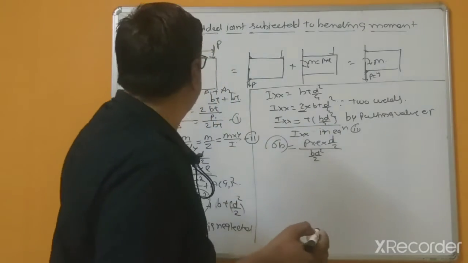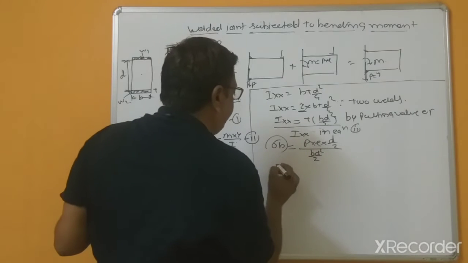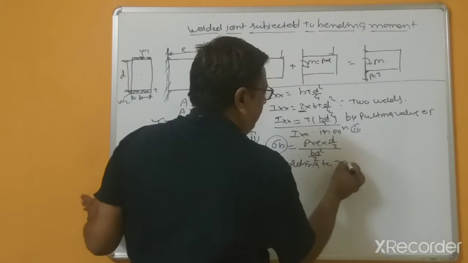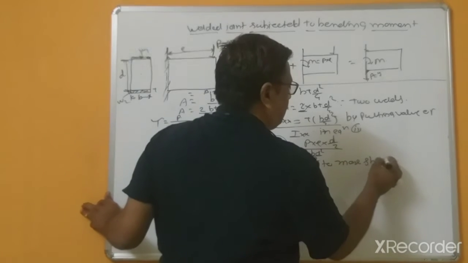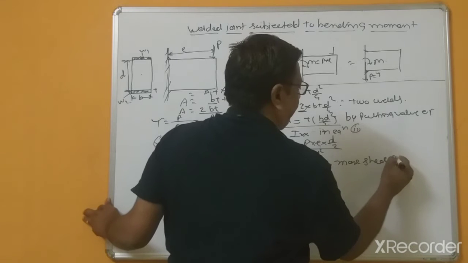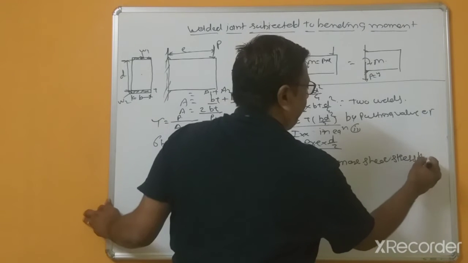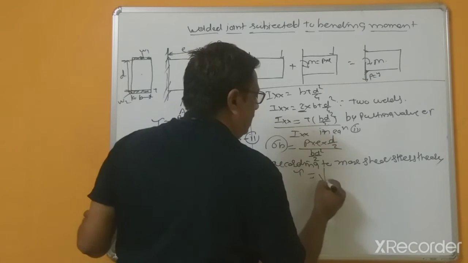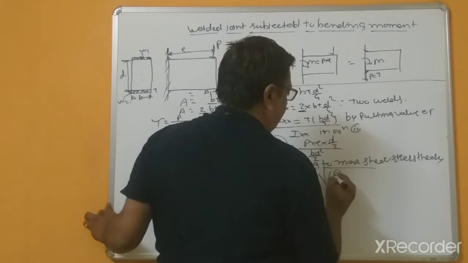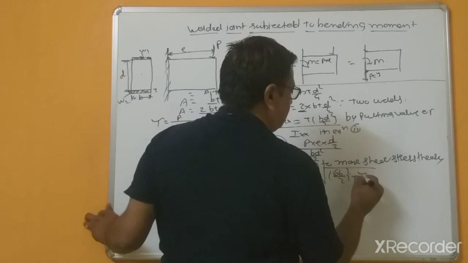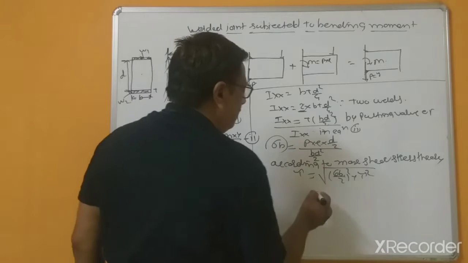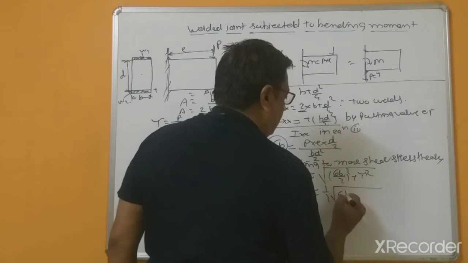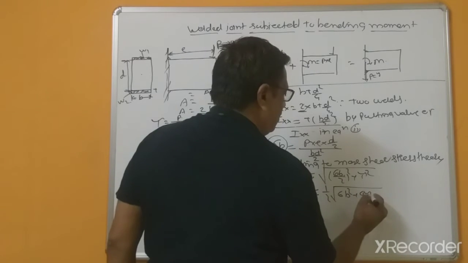Now because there is also shear stress, according to the maximum shear stress theory, tau equals the square root of (sigma b divided by 2) squared plus tau squared. Otherwise, taking the half as common, sigma b squared plus 4 tau squared.